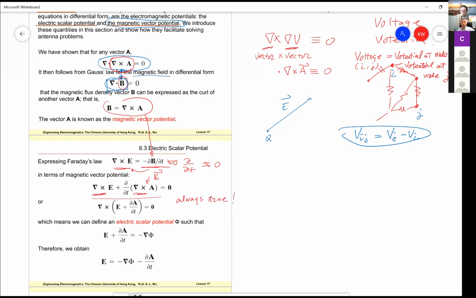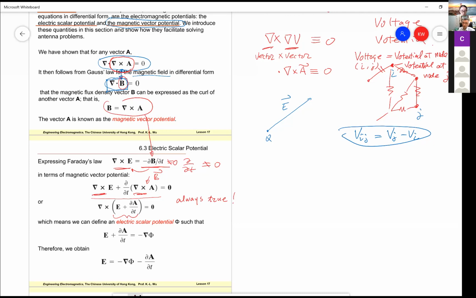This is always true, right? A vector whose curl is constantly equal to 0. That means this term we can represent by a scalar function.